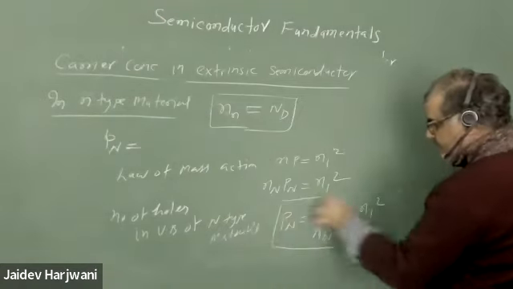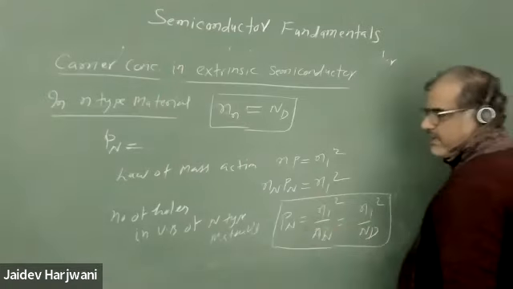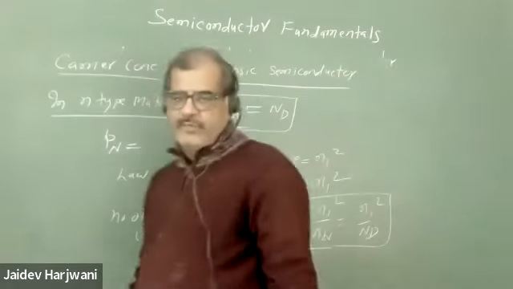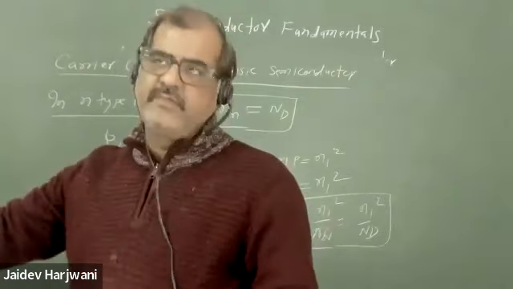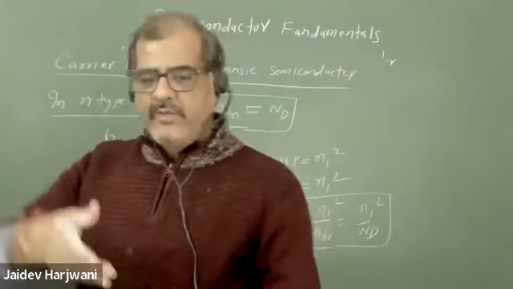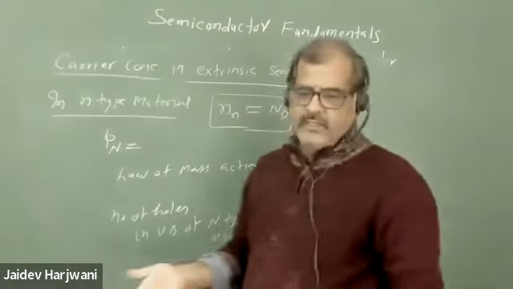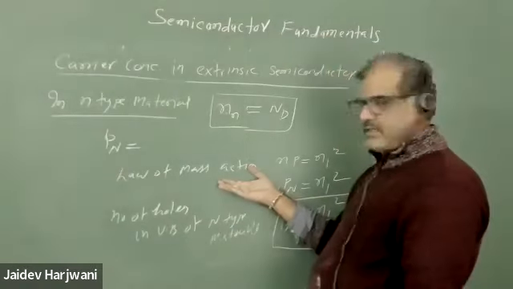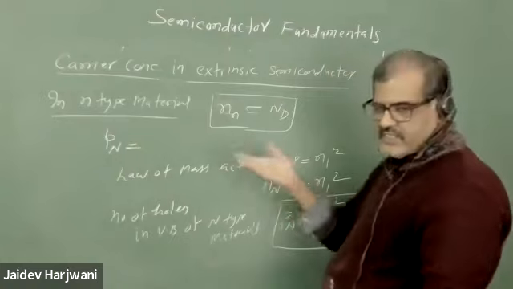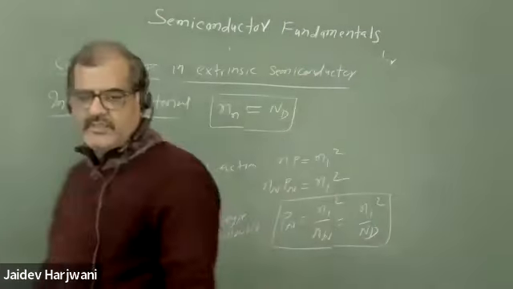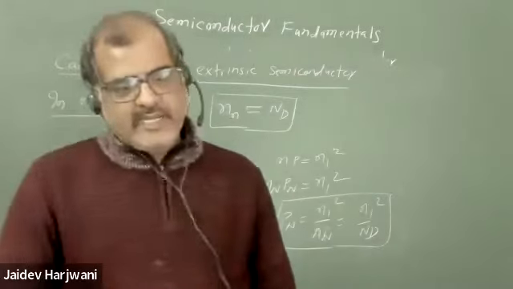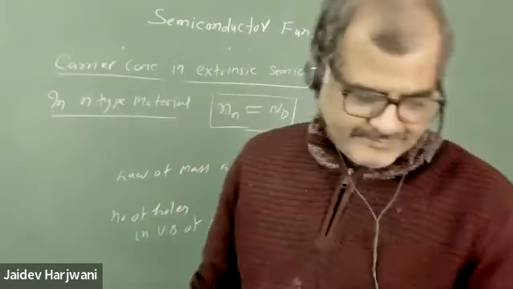This is pretty simple. If you know how many atoms you are doping, you can find how many electrons come in the conduction band. Once you know that, you can use the law of mass action and find how many holes are in the valence band. So now you have complete information about carrier concentration in n-type semiconductor, isn't it?